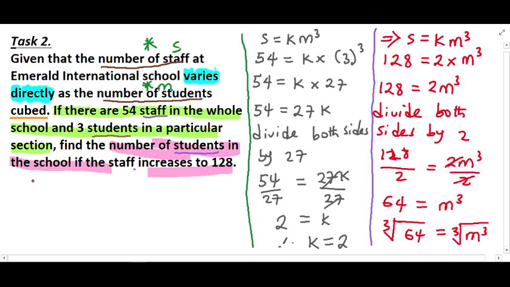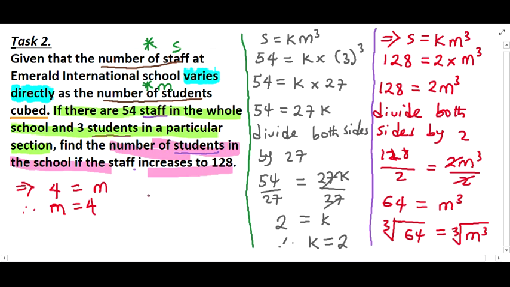I'm on this part of the board right now, please don't be confused. The cube root of 64 is 4, and the cube root of m cubed is just m. So therefore m becomes 4. So the number of students in each section when the staff increased to 128 was 4 raised to power 3, which is 4 cubed. And that makes sense.